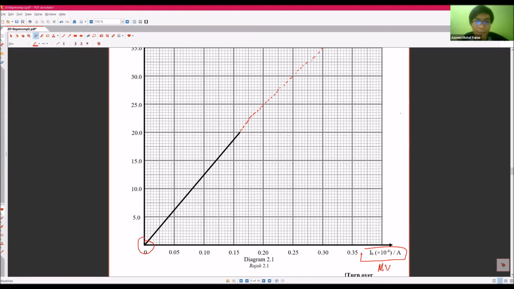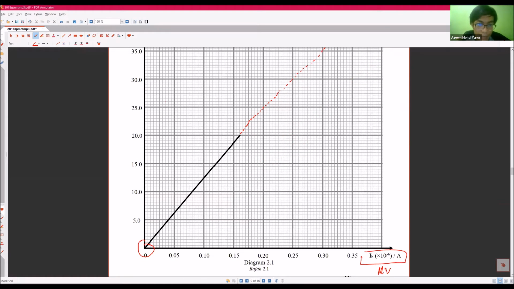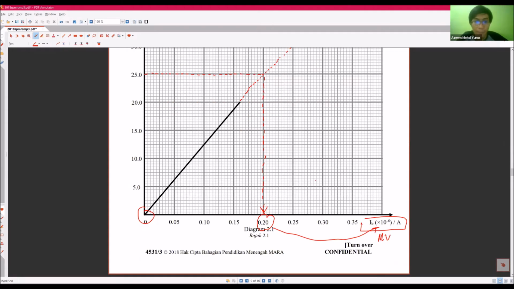That is the first step. The second step is to interpolate. Starting from 25 and then go down. Make sure that you use a ruler and then read this value. Don't forget the multiplier here. So 0.20 times 10 to the power of negative 6 ampere.